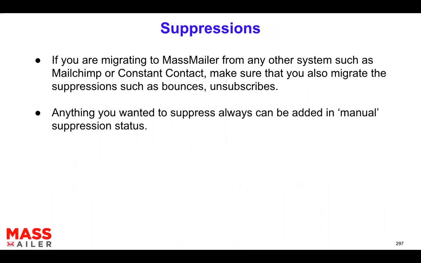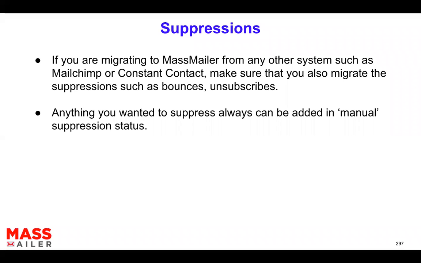Suppressions, again, very important. If you migrated from a different system, such as MailChimp or Constant Contact, or those kinds of systems, it's very important to make sure that you're migrating the suppressions, such as bounces and unsubscribes and any other suppressions that you may have from the other system. You can import them in one go.